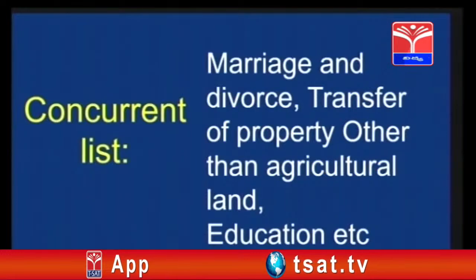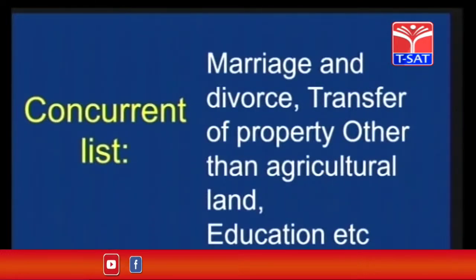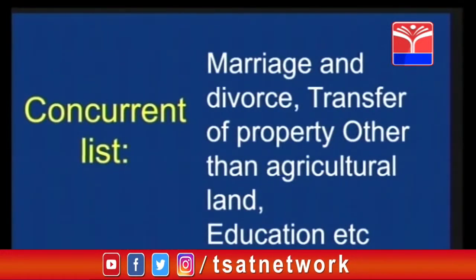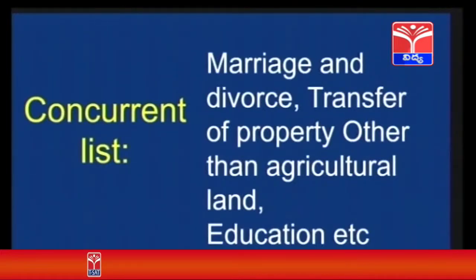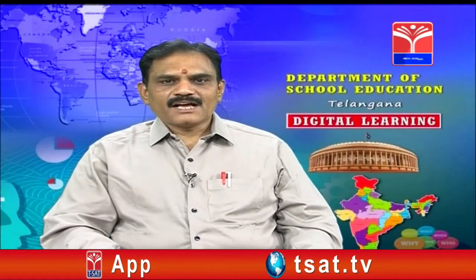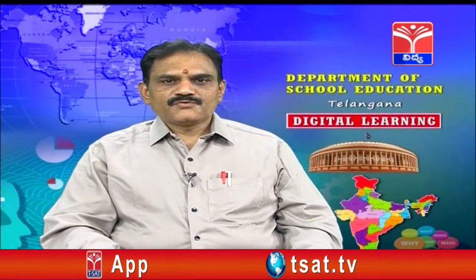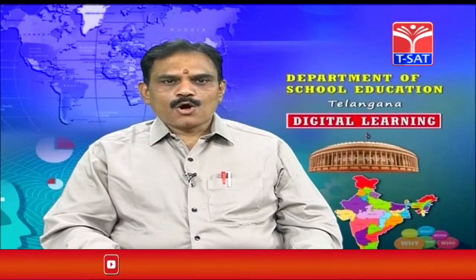A few things like this are in the concurrent list. Here the state government can make a law on that, but it should be accepted by the central government. Even the central government can do that, but the state government has to accept it. So there are a few such items in the concurrent list.